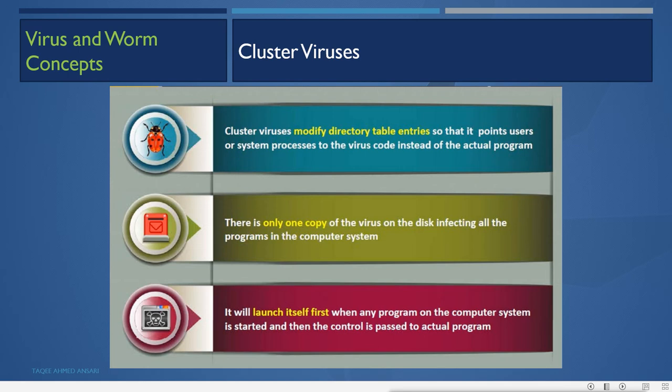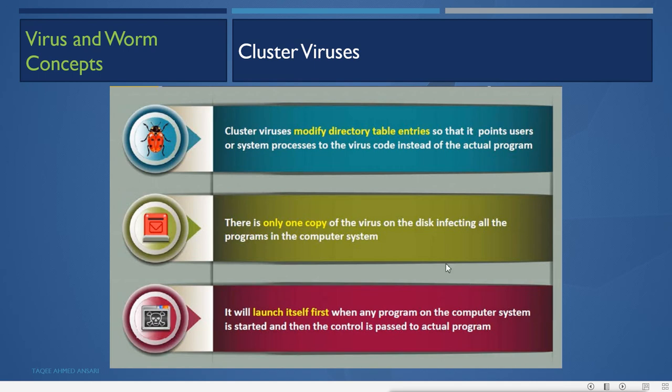Then we have cluster viruses. Cluster viruses modify directory table entries so that they point users or system processes to the virus code instead of the actual program. There is one copy of the virus on the disk infecting all the programs in the computer system. It will launch itself first when any program on the computer system is started, and then control is passed to the actual program.